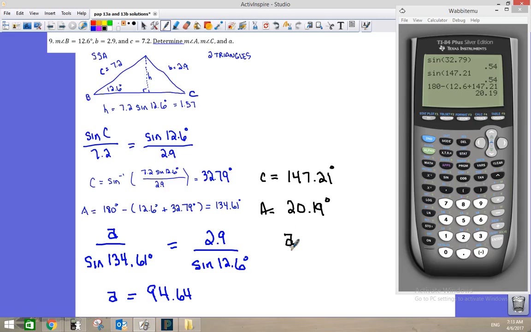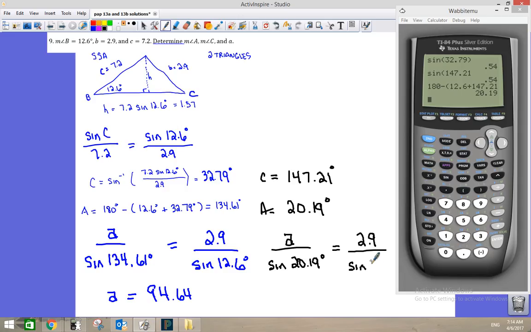Now I want to find this length. And I'll take the sine of 20.19. Now the given length and the given angle, my original pair of B, that doesn't change within the problem. So in this second triangle, this angle B and length C is the same in both triangles. I can't change what's given.